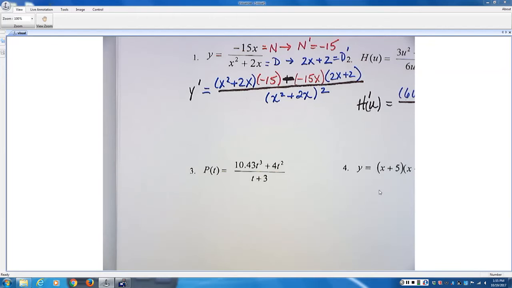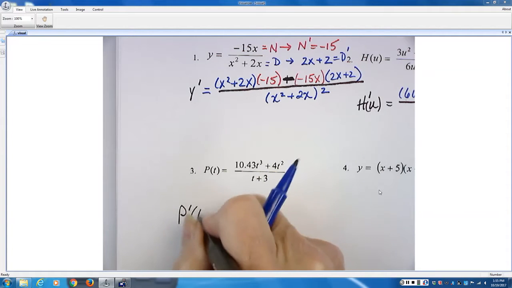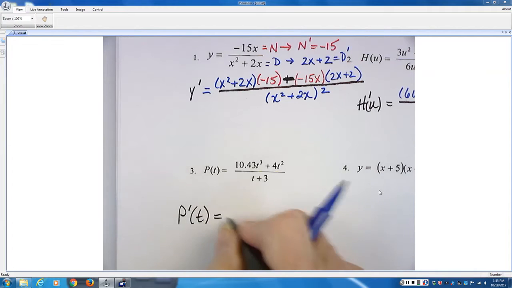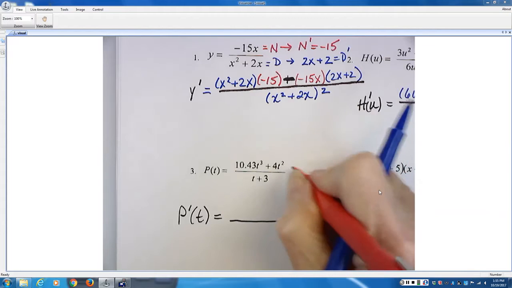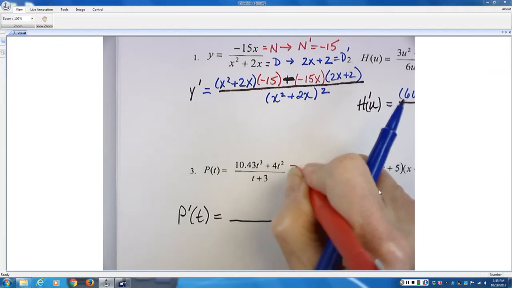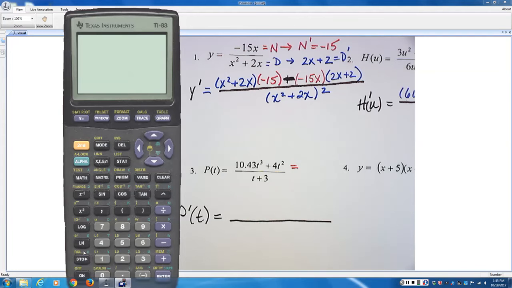So then p prime of t is going to be a similar process. The numerator is 10.43 t cubed. So let's see. Might need a calculator for that one. 31.29. Okay, thank you. Yes, that'll save me some time.